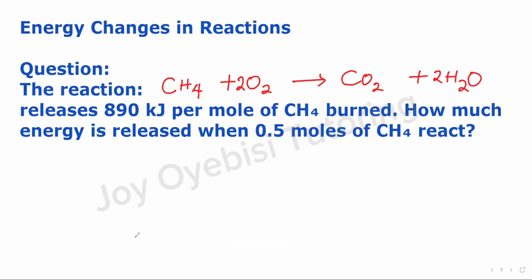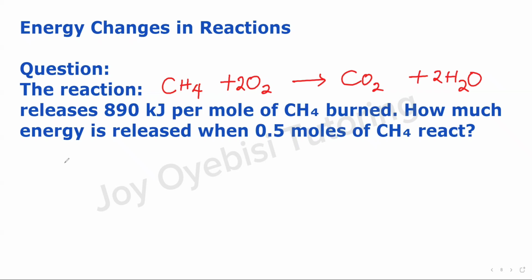So we move on to the next one, energy changes in reactions. The reaction is given, and the question says the reaction releases 890 kilojoules per mole of CH4 burned. Now, how much energy is released when 0.5 moles of CH4 reacts?